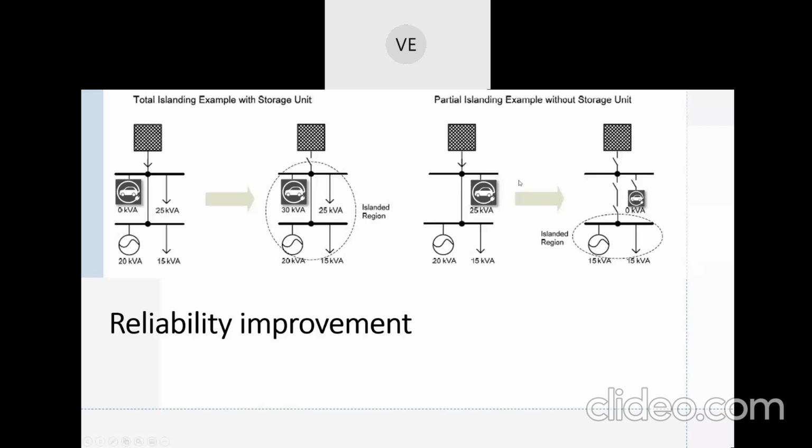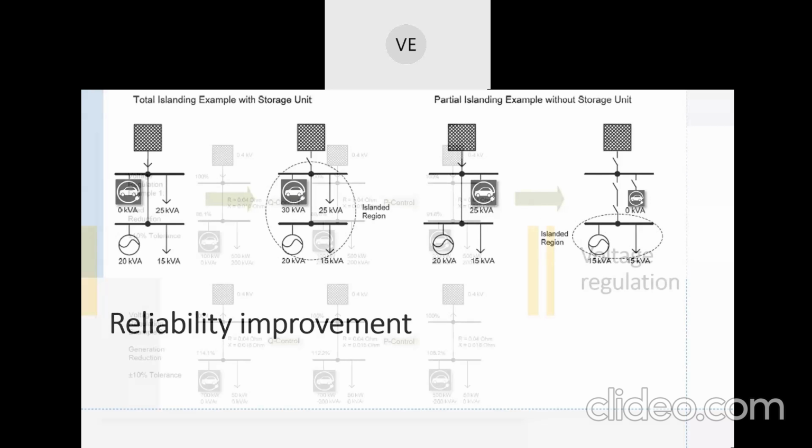But as this is a flexible load, what you can do is some of the electric vehicles can be plugged off so that this can be partially islanded. 15 kVA is the local generation available from the renewable energy source, and 15 kVA is the load. So obviously there should be some storage provided here, otherwise islanding is not practical. This is just a case study to explain the importance of flexibility of the parking lot.